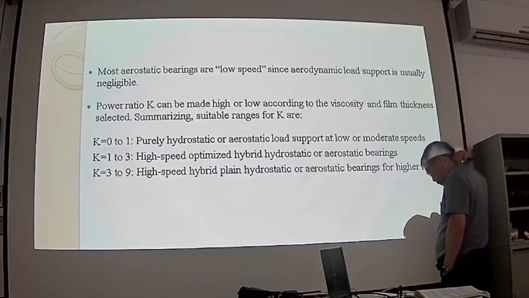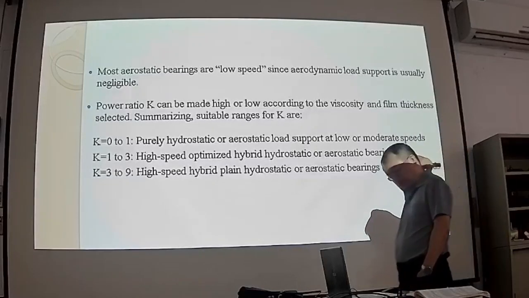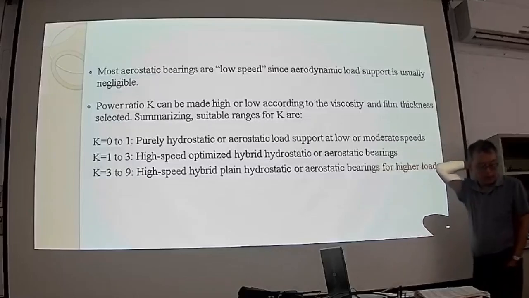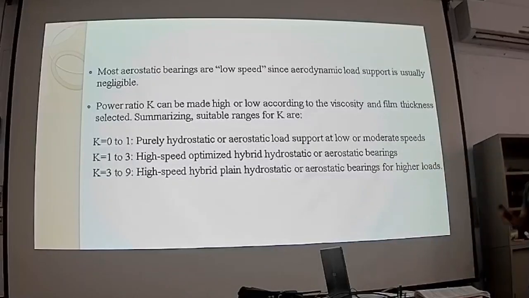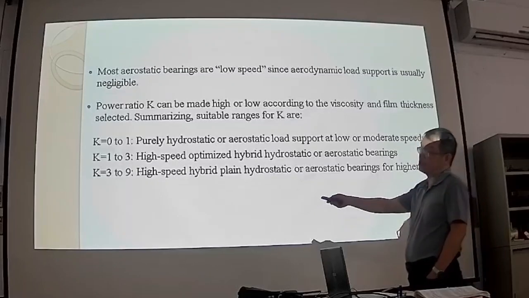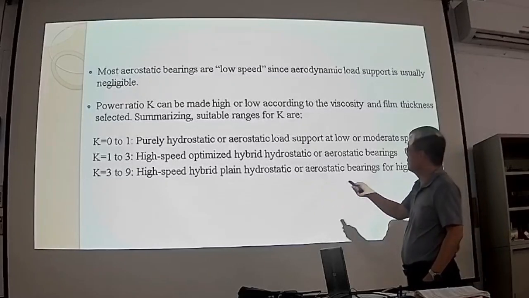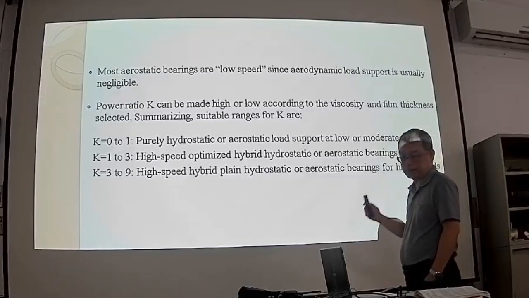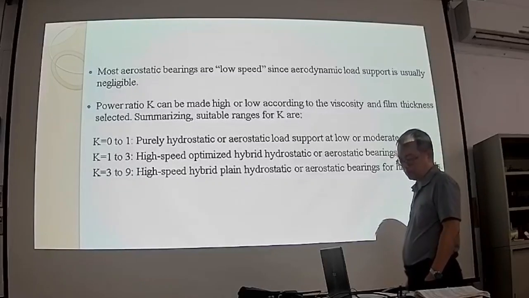I would say most of the hydrostatic bearings applied in the industry or in machinery fall into this category. So I would say maybe 90% of the hydrostatic bearings in machine tool applications are in the low speed bearing category.